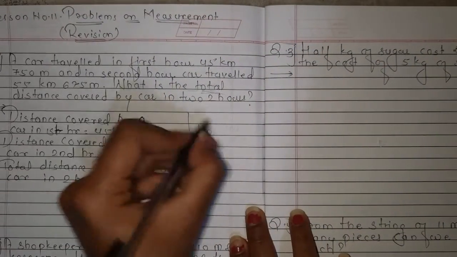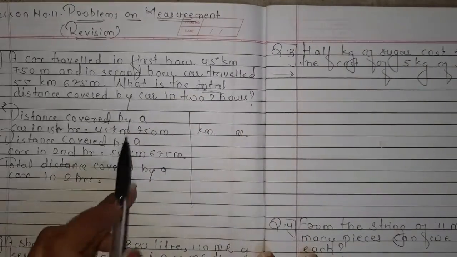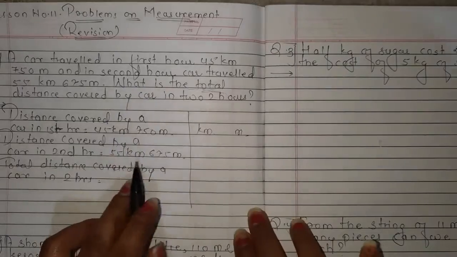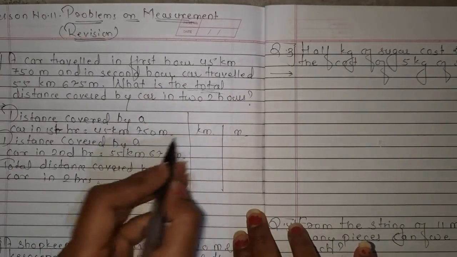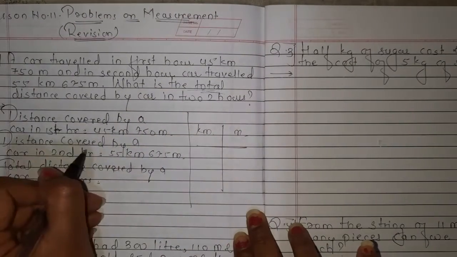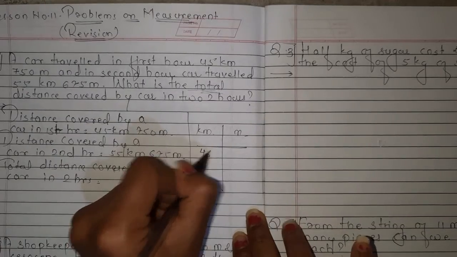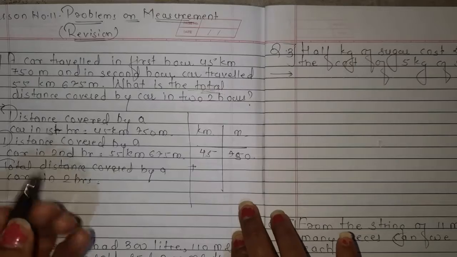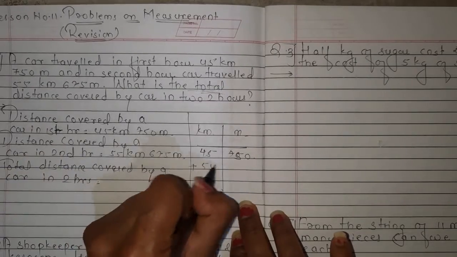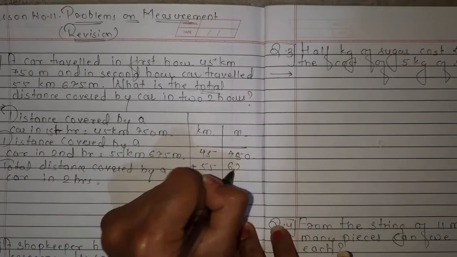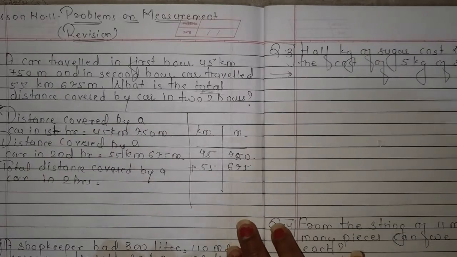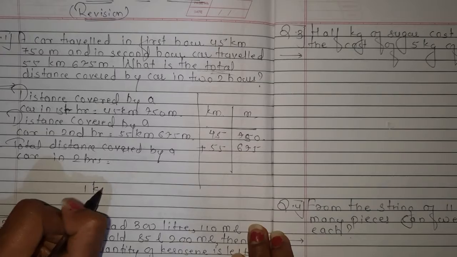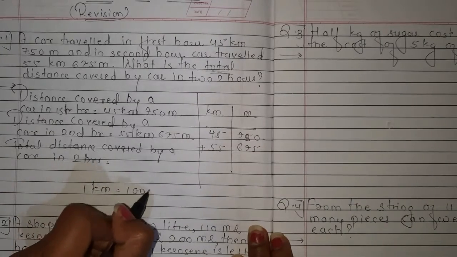Make 2 columns, kilometers and meters, as kilometer is the bigger unit and meter is the smaller unit. So 45 kilometer 750 meter plus 55 kilometer 675 meters. Now you know that 1 kilometer is equal to 1000 meters.